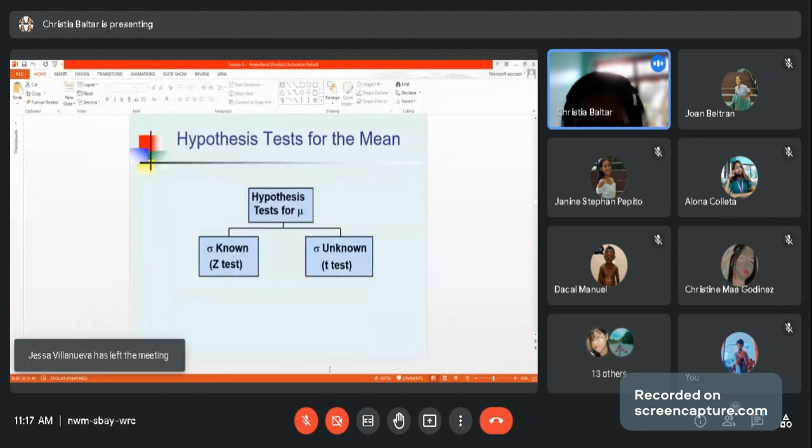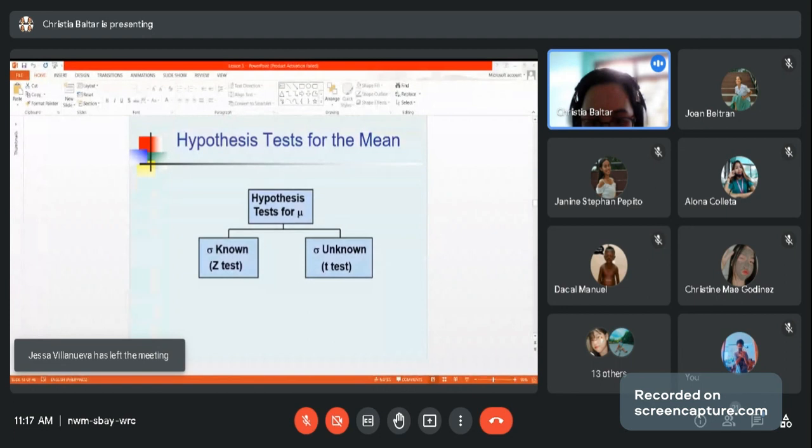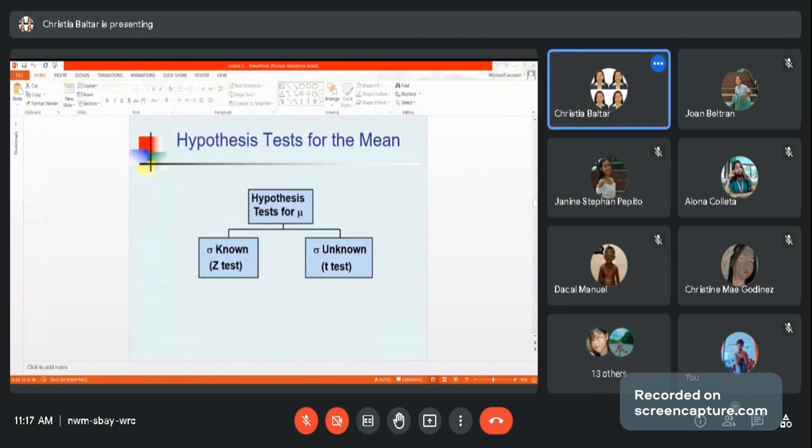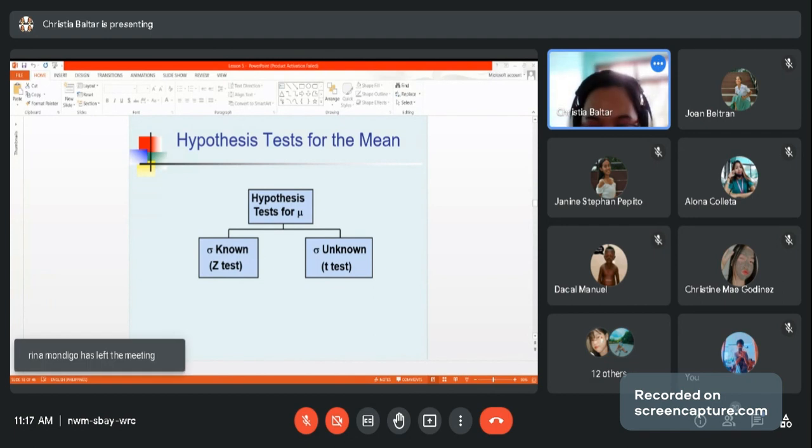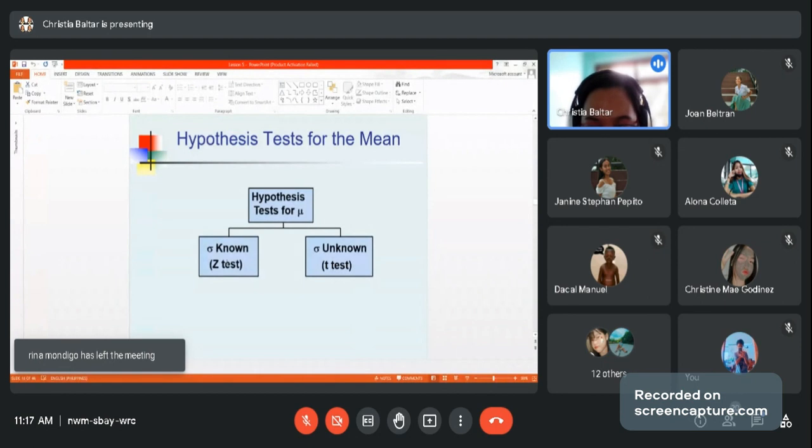Okay, so let me continue with our discussion on hypothesis testing. For hypothesis testing on a single mean, there are two tests. We have the z-test and the t-test. So when do we use the z-test? When do we use the t-test?